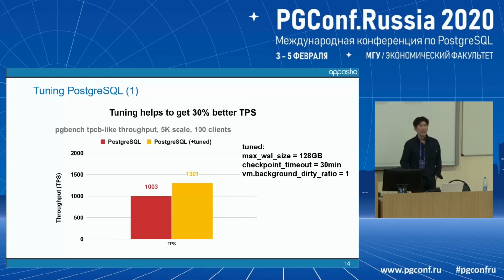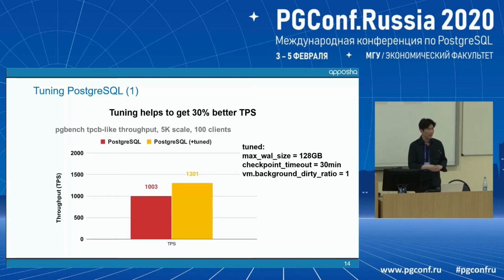I really tried hard to tune PostgreSQL performance to match the performance on NVMe SSD. First I tuned the checkpoint frequency and the write-back frequency inside Linux. I changed the max WAL size to 128 gigabytes and the checkpoint timeout to 30 minutes.